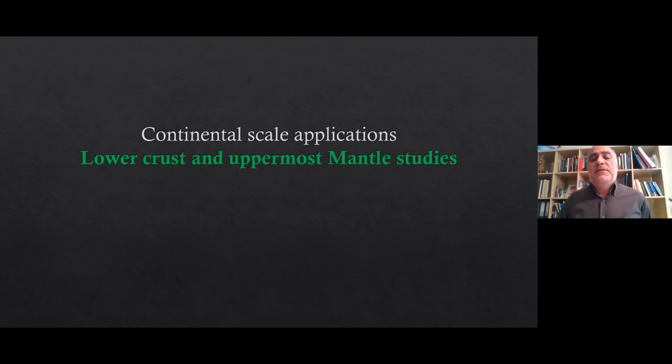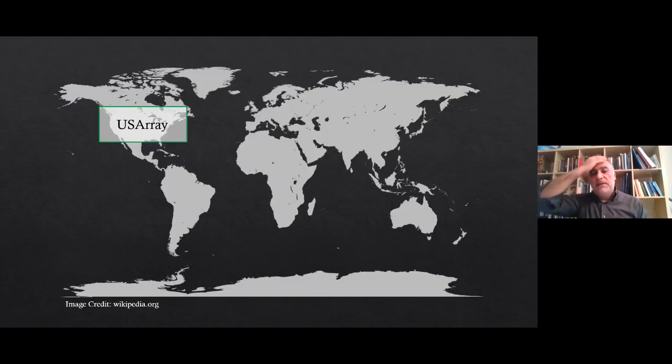And I will start with you a journey over the world to show some examples, from continental scale applications to understand the lower crust and uppermost mantle, specifically the lithosphere-asthenosphere boundaries, using the magnetotelluric method. We will start from one of the largest MT arrays, located in the United States.